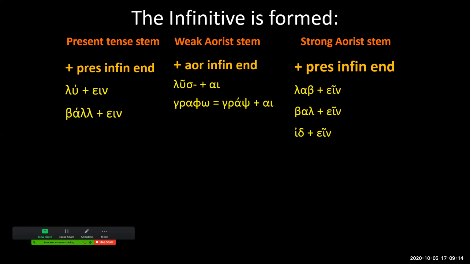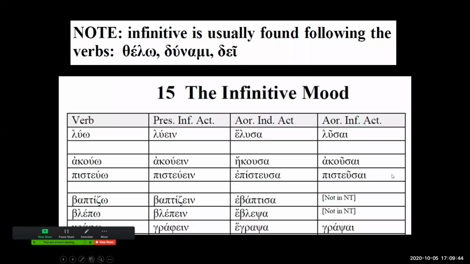Add the present stem ending to make a strong aorist infinitive, to see. Eh? Not to saw? No. There's no such thing in English as to saw anyway. We always say to see. To see is good. Not to see is bad. You notice already one of the uses of the infinitive also in Greek is as what we call a substantive.